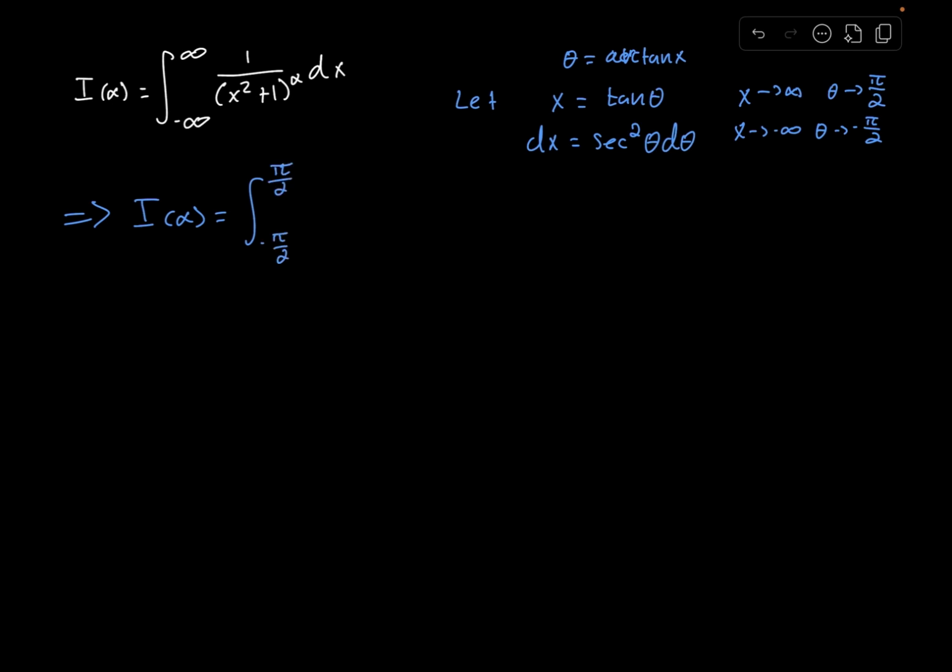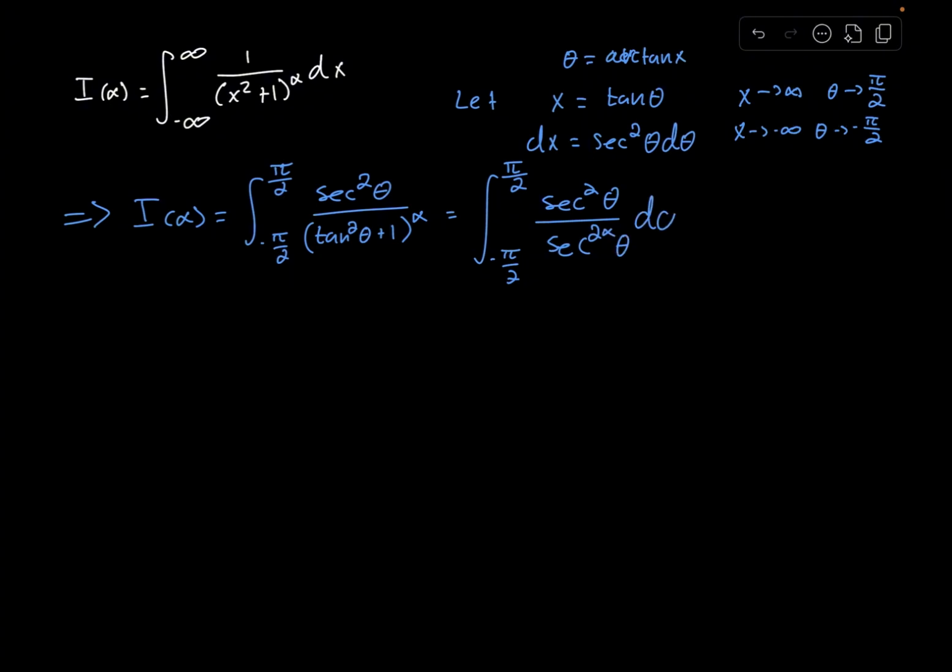by 2 of secant squared theta over tangent squared theta plus 1 to the alpha, which is equal to the integral from negative pi by 2 to pi by 2 of secant squared theta by secant to the 2 alpha theta d theta.